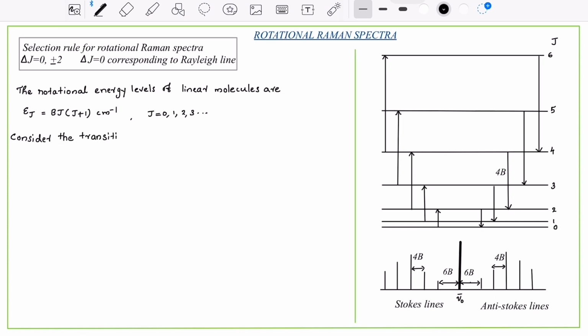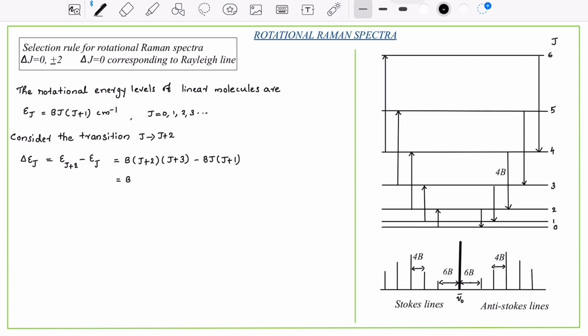Now consider the transition J to J+2. For the transition J to J+2, what is ΔE_J? ΔE_J is E_(J+2) minus E_J, that is equal to B(J+2)(J+3) minus BJ(J+1).